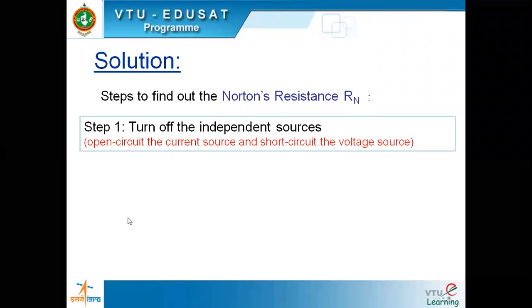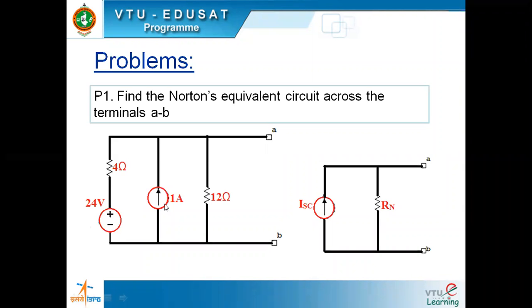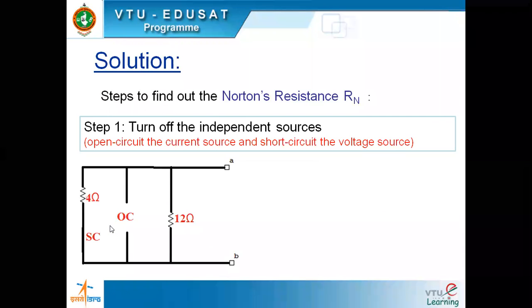Here is a current source, so this needs to be open circuited. And here is a voltage source, this needs to be short circuited. After we open circuit this and short circuit the voltage source, this is what I'm going to have. This is a short circuited part, this is a short circuited part, and this is an open circuited part.